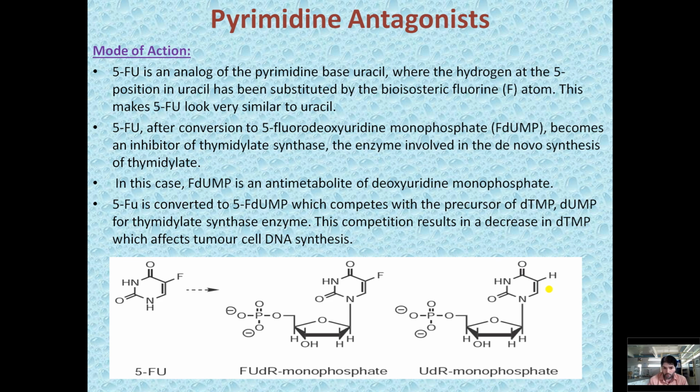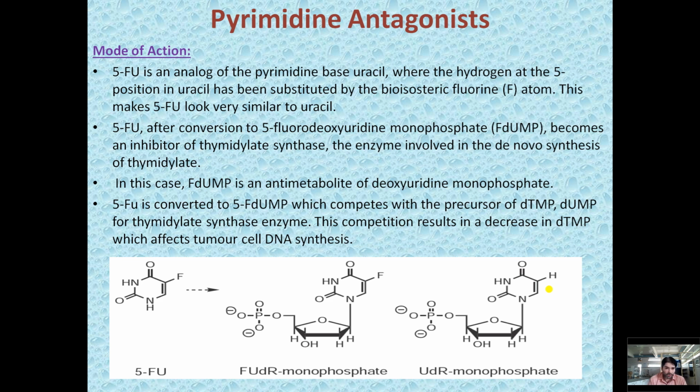Now, 5-fluorouracil, after conversion to 5-fluorodeoxyuridine monophosphate, becomes an inhibitor of thymidylate synthase, the enzyme involved in the de novo synthesis of thymidine. In this case, 5-fluorodeoxyuridine monophosphate is an antimetabolite of deoxyuridine monophosphate.